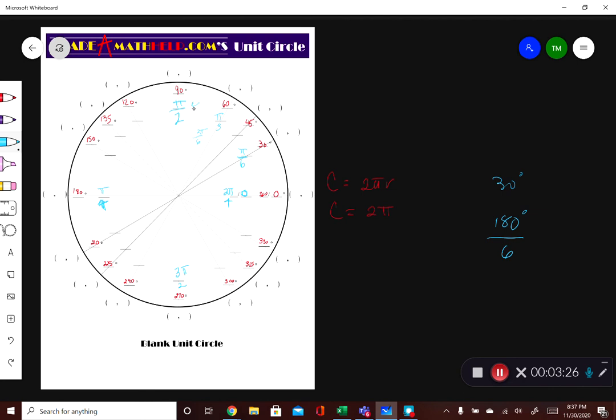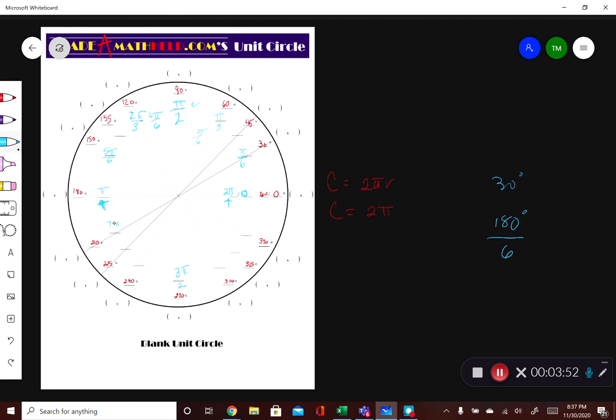And then if we go another one, we're at 4 pi over 6, which reduces to 2 pi over 3. And then if we go another one, we get to 5 pi over 6. And then if we go one more, we're at 6 pi over 6, which gives us pi.